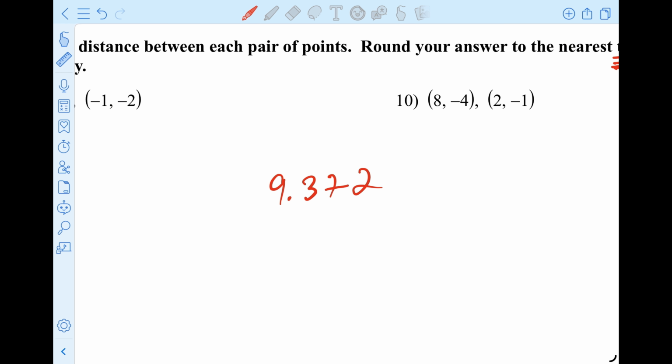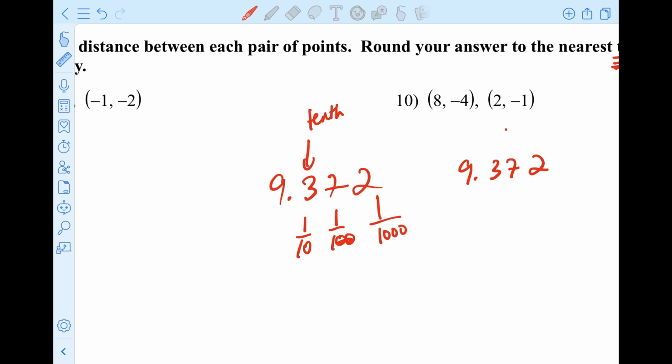This is your tenth, this is your hundredth, this is your thousandth. So this is your nearest tenth value. And so if I want to round this number to the nearest tenth, the number I'm looking to change, if possible, is this 3.